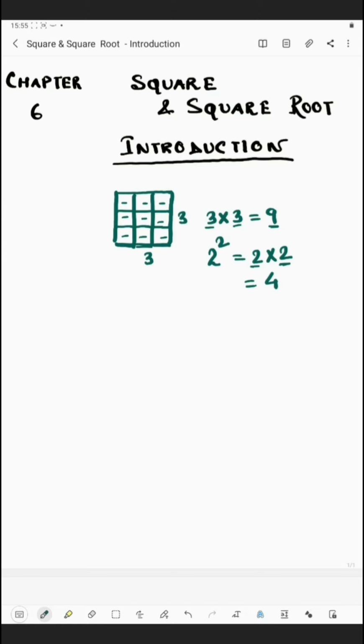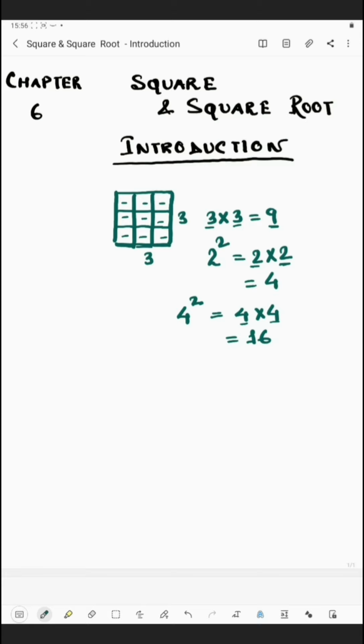Similarly, we can find the square of any number. Suppose I write 4 square, then it can be written as 4 multiplied by 4, which is 16. So we can get any square number by multiplying the same number twice. So here 16 is a square number which we have got by multiplying 4 by 4.